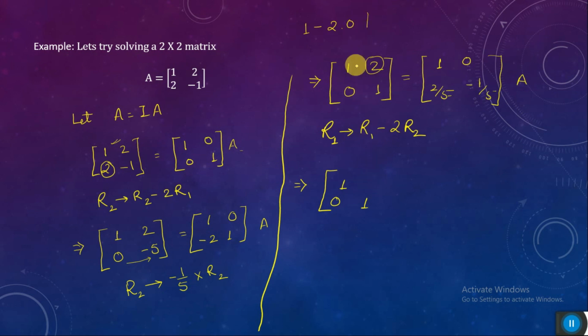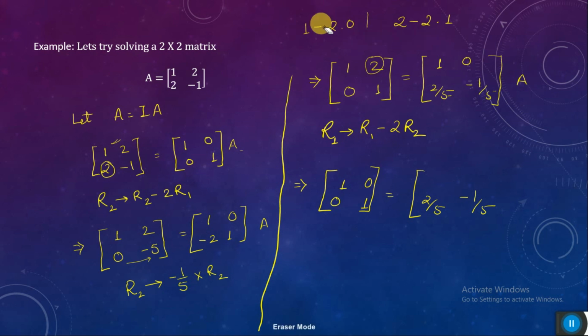Now the next one: row 1 is 2 minus 2 times row 2, which is 1. So 2 minus 2 is 0. So this is what we are getting. Row 1 remains the same, row 2 remains the same, so 2 by 5 and minus 1 by 5.